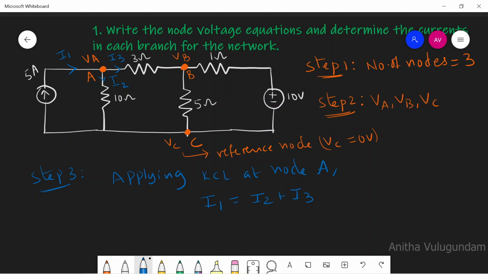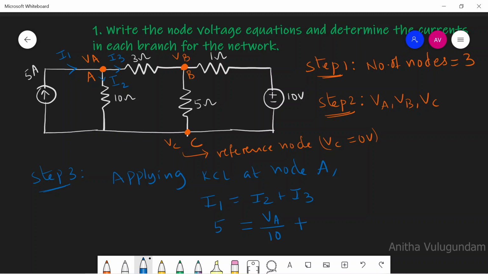From the figure, I1 is clearly 5 amperes. So I can write 5 equals I2 plus I3, where I2 equals V divided by R. As VC is equal to 0 volts, being ground, I2 can be written as VA divided by R. The resistor value is 10 ohms.